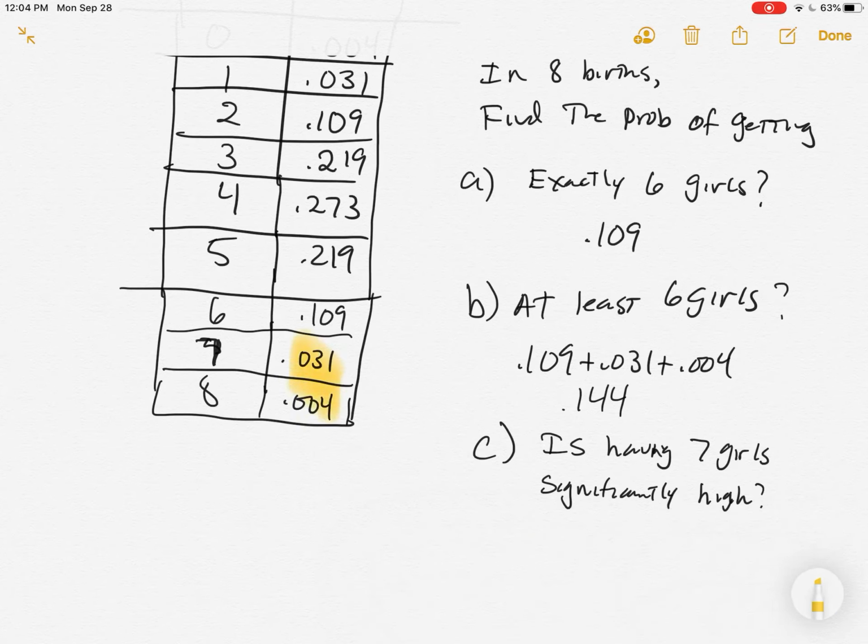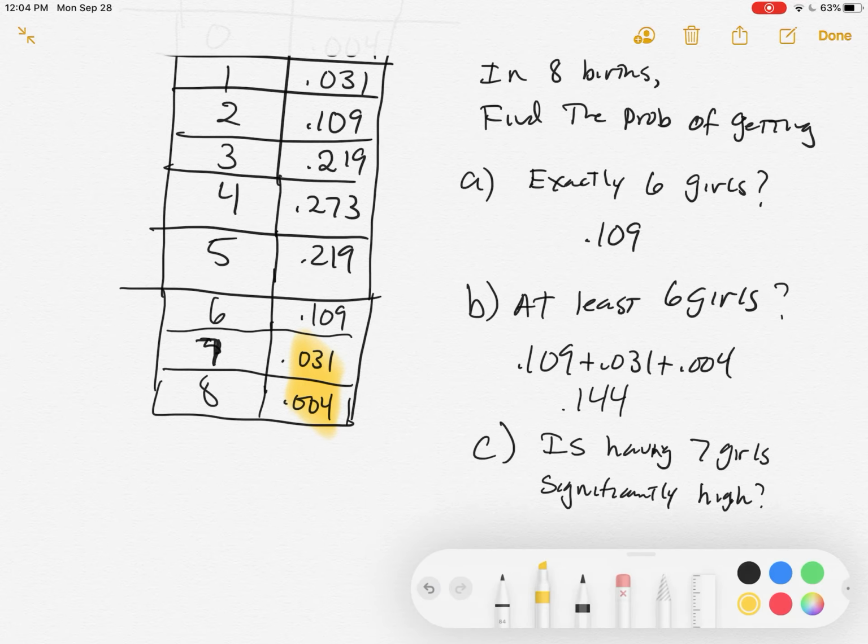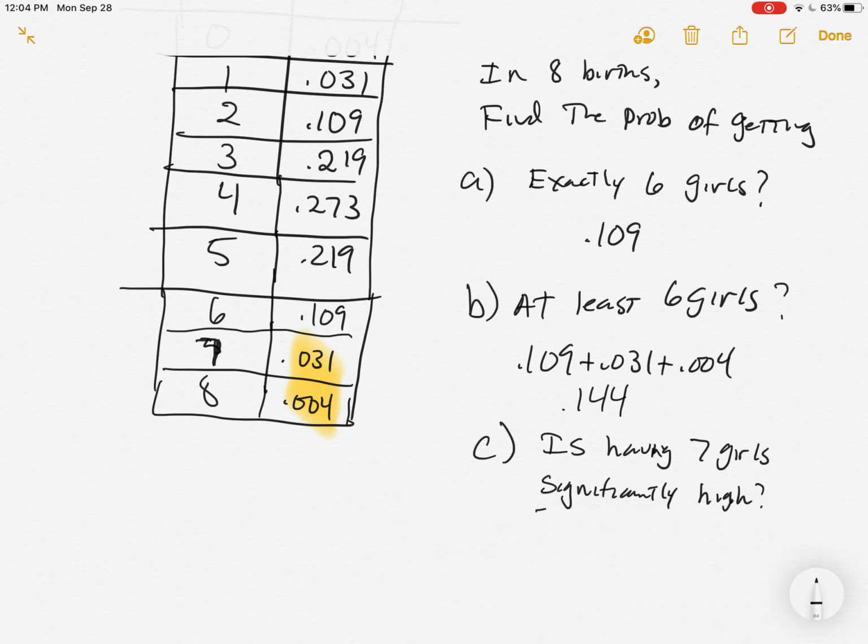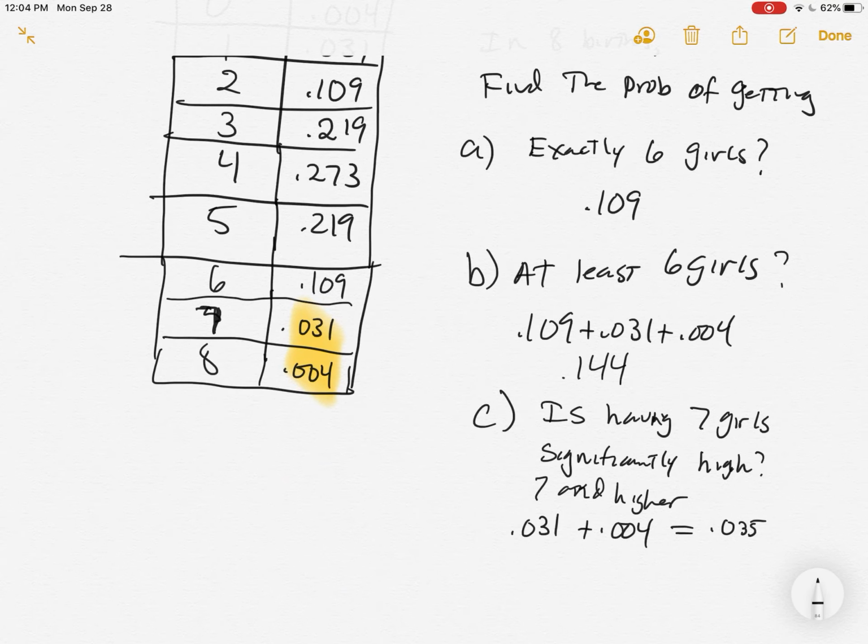So they're going to combine both of these together. They're going to use 7 girls and any higher to make that determination. So 7 girls is 0.031. There's only one that's higher, and it has a probability of 0.004. So this is 0.035. Is 0.035 less than 0.05, right? That's when we call something significant.